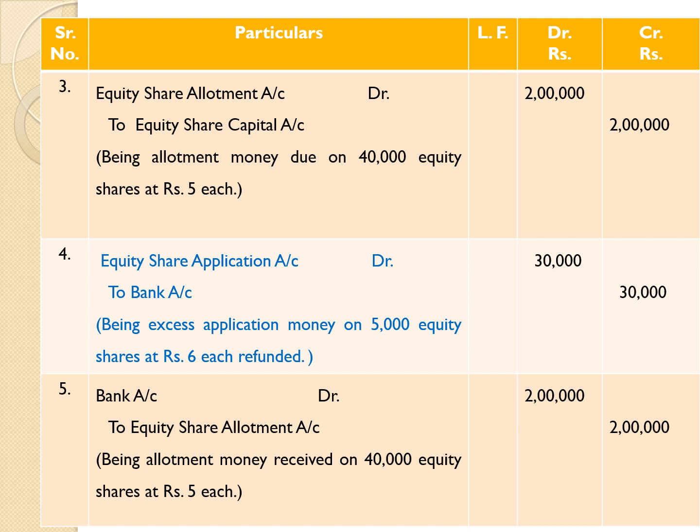So the company has received rupees 2 lakh. Therefore, entry is to be passed as bank account debit to equity share allotment account 2 lakh, being allotment money received on 40,000 equity shares at rupees 5 each.